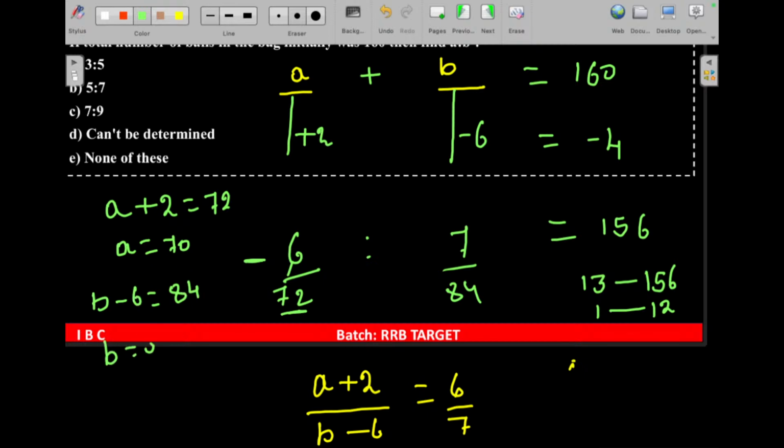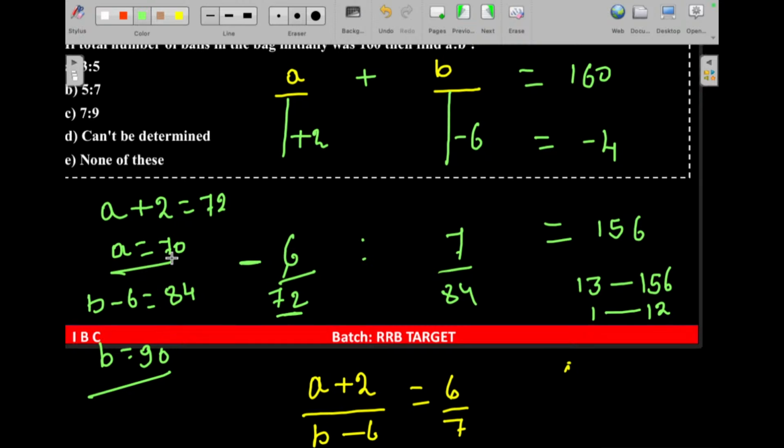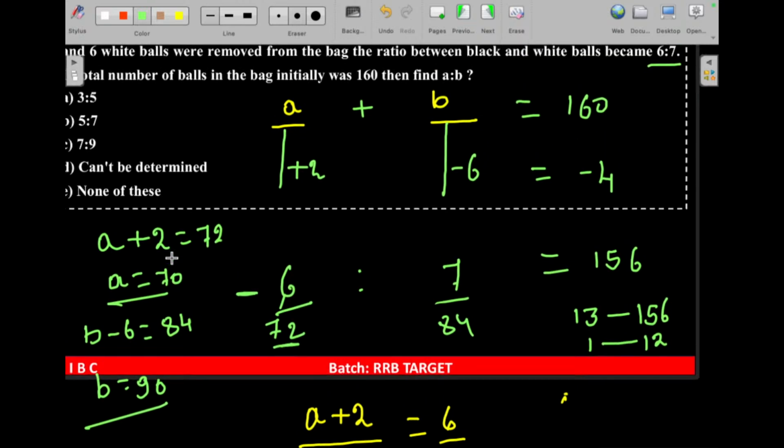If it comes this side, it will be 90. That is the A and B value, 70 and 90. The ratio will be 7:9. Is it clear? So this is a way we can think it. Write on this method. That previous, one more method that you can copy it afterwards.